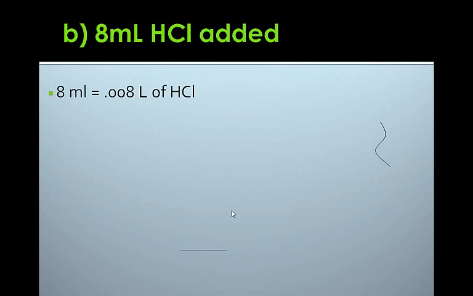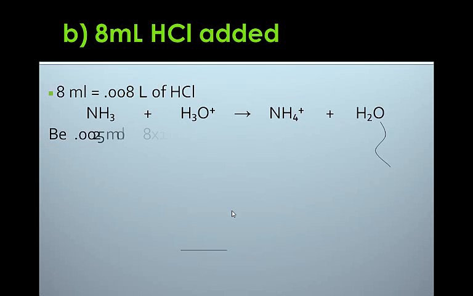So for part B, we're adding 8 milliliters of HCl, which is also 0.008 liters of HCl. And for this one, our equation is ammonia plus H plus yields ammonium plus H2O. And for this, we're going to use BCA to find the amount of moles that we have left of acid and base.